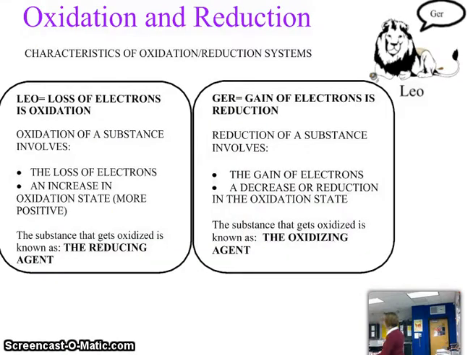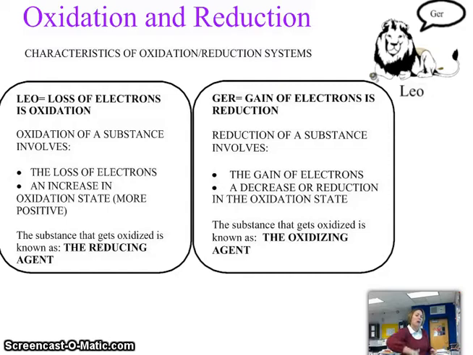Our next section deals with redox reactions and balancing them. So just to remind you from Regents Chemistry that when we talk about redox, it's really the combination of 2 reactions. It's the combination of oxidation and reduction. And while acid-base reactions involve proton transfer, redox reactions involve electron transfer.